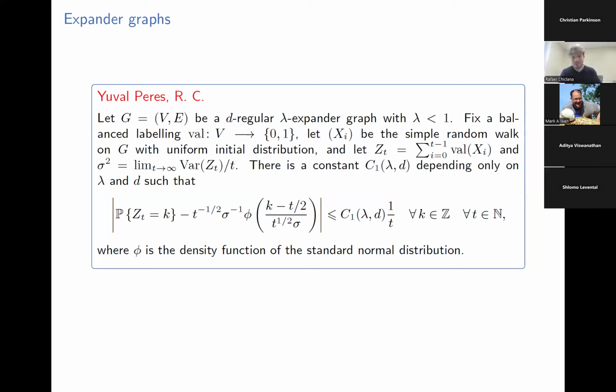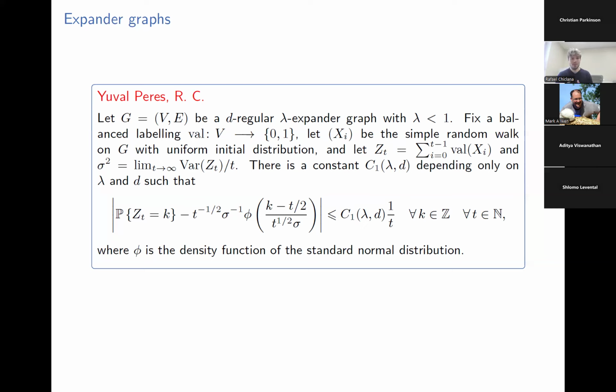The second observation is that the error we obtained is actually smaller than what we thought we were going to get. We are getting an error of 1/t, and this is for all graphs, for all labelings.